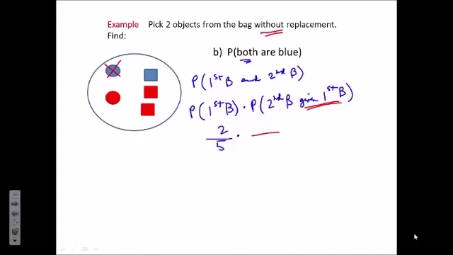So regardless of which blue object we lost, we're down to 4 objects to pick from on the second pick. And what would be the probability of picking a blue one now? How many blues are left? Only 1. 1 out of 4. So here we would multiply, or you could cancel, I guess. Cancel the 2 into 4 goes twice, and this is 1/10. So this probability is 1/10.